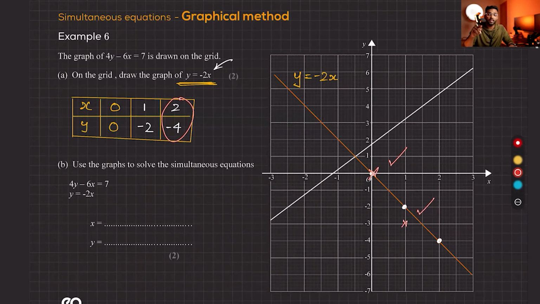There's no way you can know. Then what is going to happen? You're going to join it like this. But 3 points will not be wrong. So if one of your points is not on the straight line you have, it's kind of a backup plan. Exactly. So always go for 3 points.